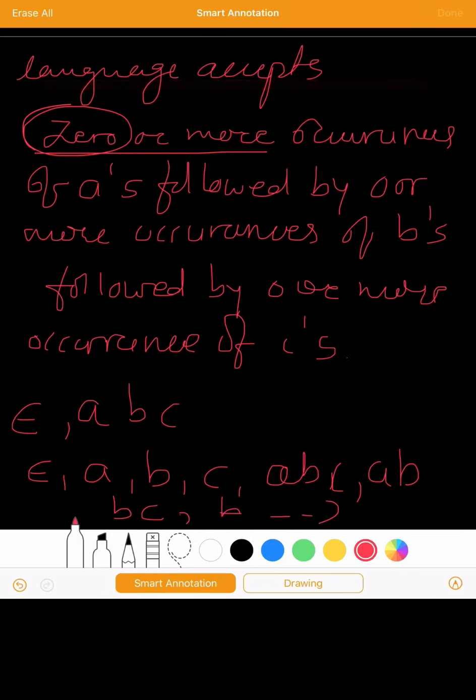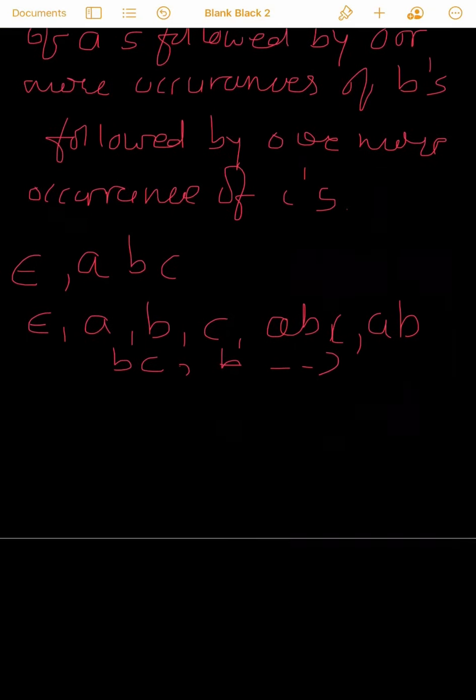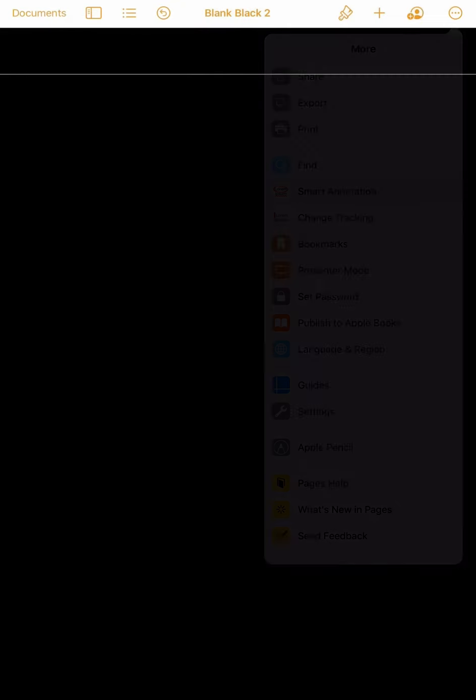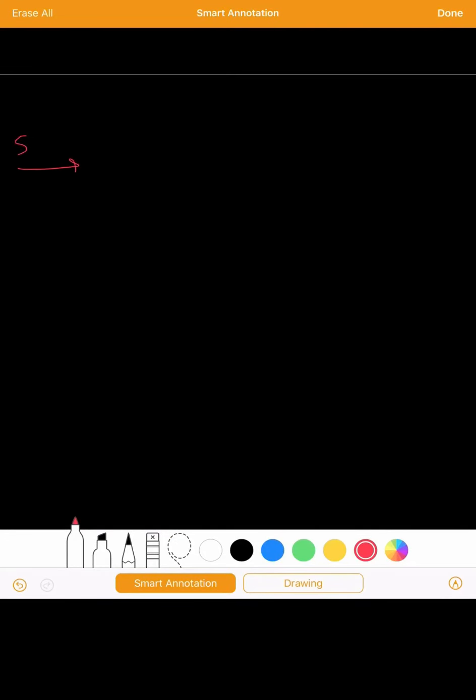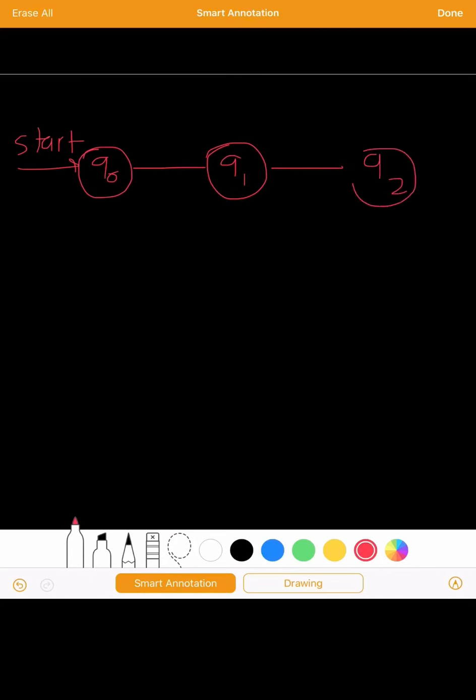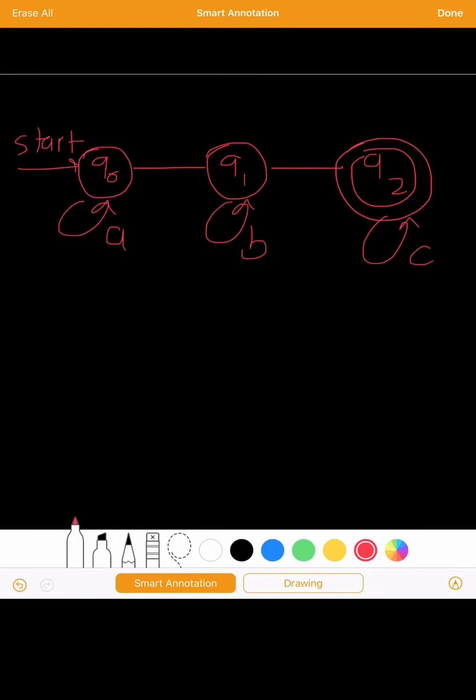anything, right. So our NFA with epsilon transition would be start, which is a Q0, then Q1 and Q2, which is a final state. Here you are looping A at Q0, B at Q1 and C at Q2, right. And we are also carrying epsilon from Q0 to Q2.